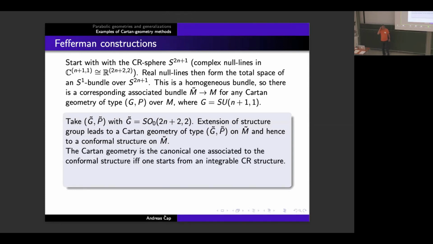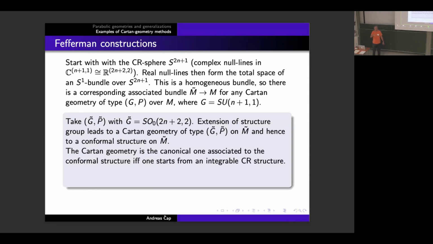Now, there's an interesting question, and this wasn't even observed in these classical constructions. What I was describing was: start with the canonical Cartan geometry associated to the CR structure, hook up a Cartan geometry with the right group over the total space of a sphere bundle over the underlying manifold.